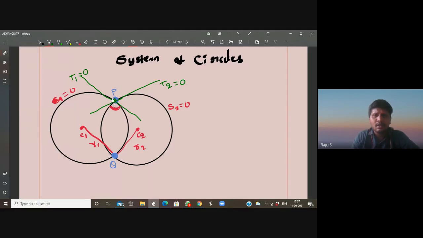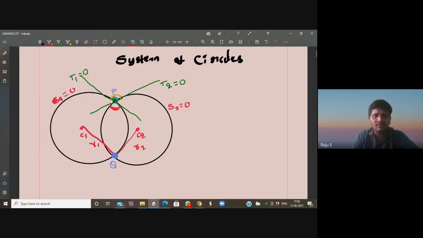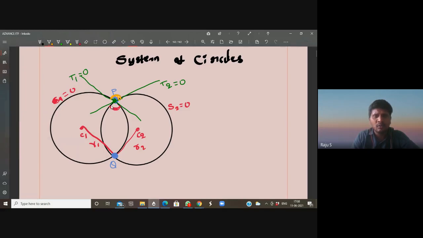Fine. Now here are the two tangents, and every tangent is a line. We just need to find the angle between these two tangents. The angle between the two tangents is the angle between the two circles. This is the required angle between two circles.